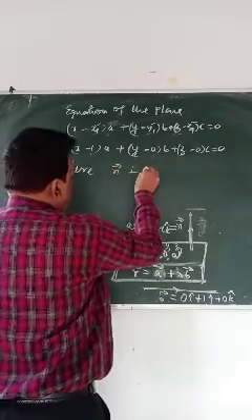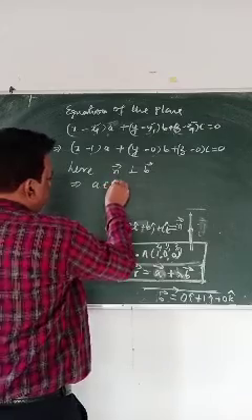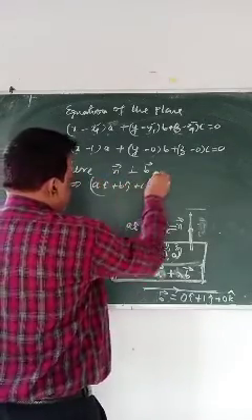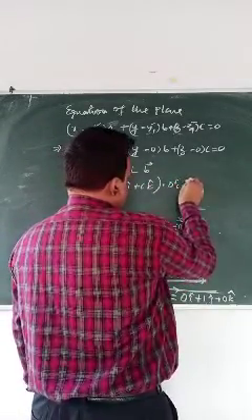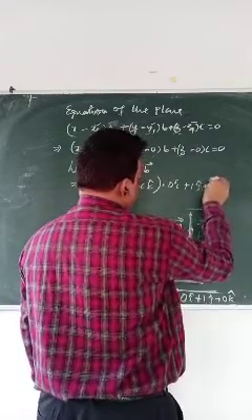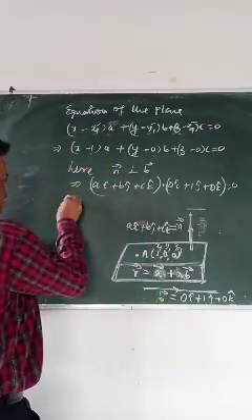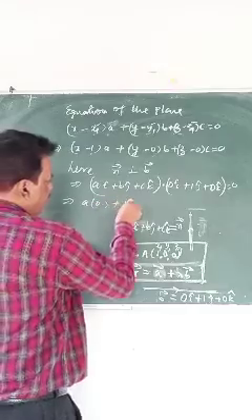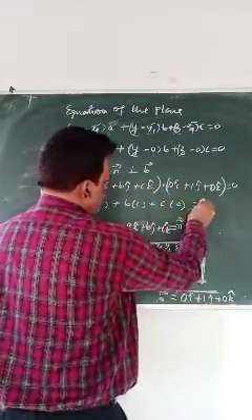That means (ai plus bj plus ck) dot (0i plus 1j plus 0k) equals 0. This implies a into 0, b into 1, c into 0 equals 0.